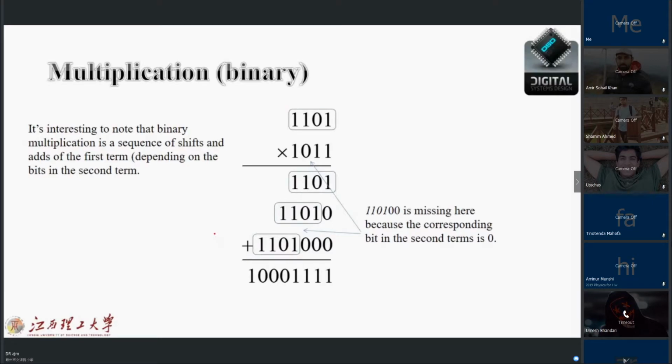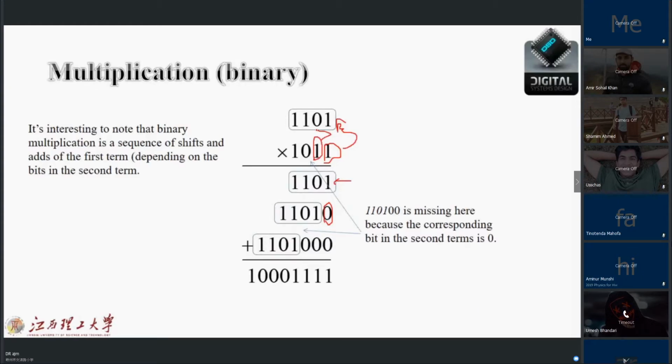Then we will see that first one will multiply to all digits. Okay, then the number is this. After that, we will put 0, and then we will do the next one. It means that the next one will multiply to all digits. Then this number will come.